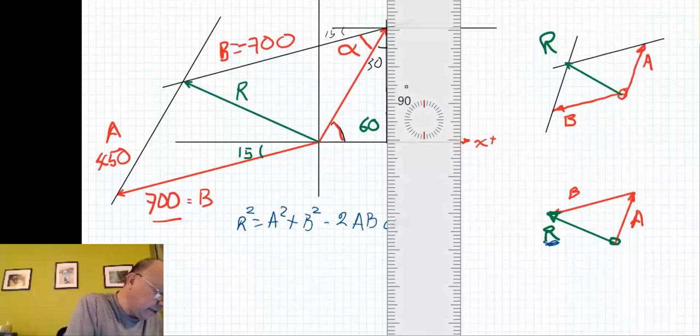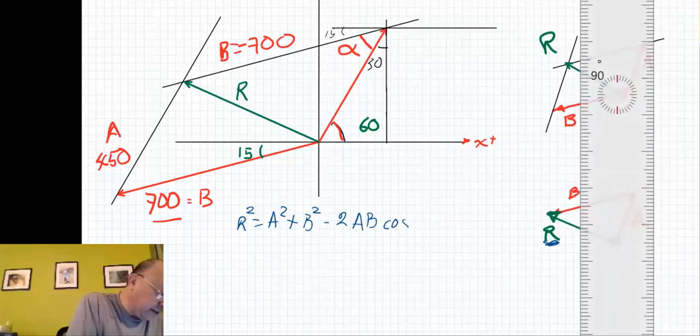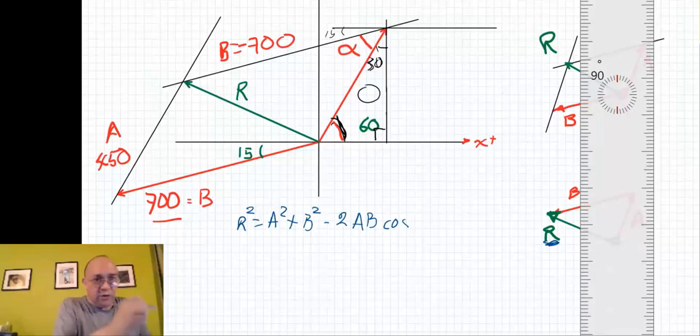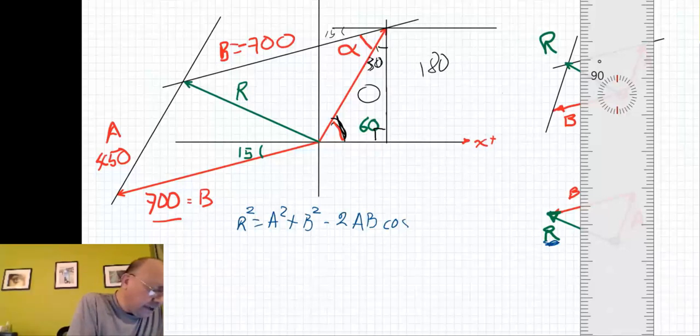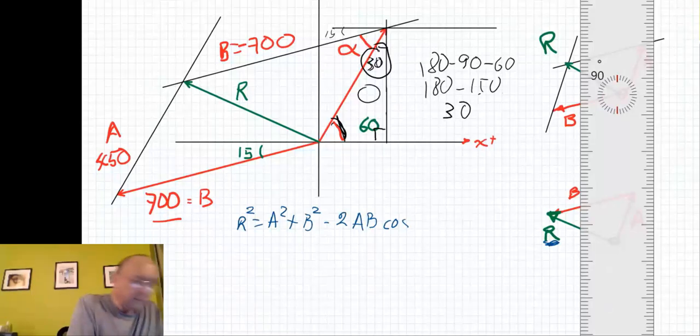Let's finish this triangle here. So I have this triangle here that has 60 here, 90 here. So this one has to be 30 because all the angles within one triangle have to add up to 180, right? So 180 minus 90 minus 60. So 180 minus 150, 30, right? So this is 30. Agree?